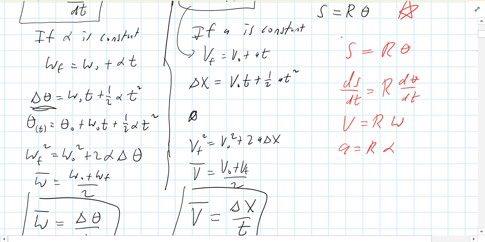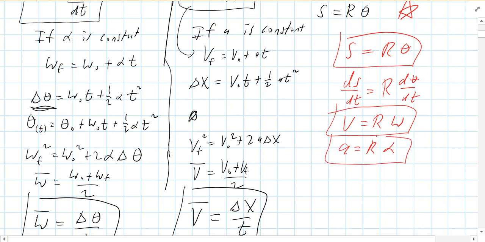So these three are our translators. This translates an angular quantity, whether it be theta, omega, or alpha, into its analogous linear quantity, which is s, that's path length, tangential velocity, and you probably should put a little t there, that's tangential velocity. And then we also have tangential acceleration.